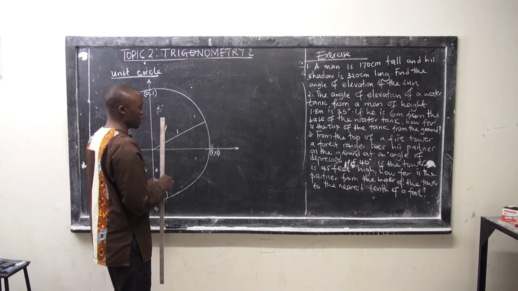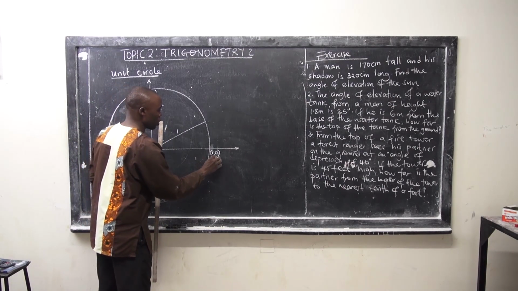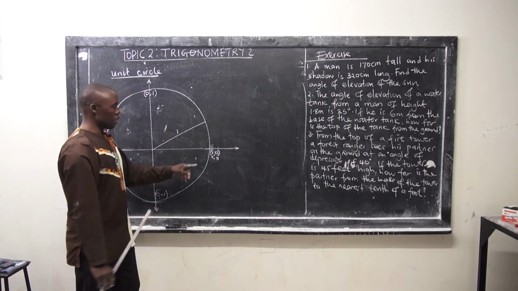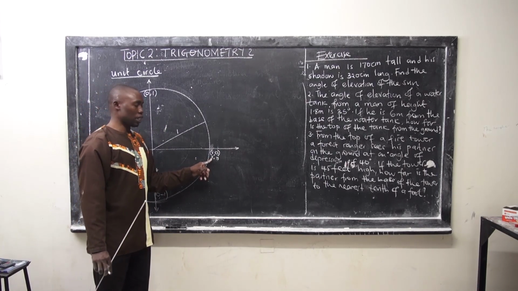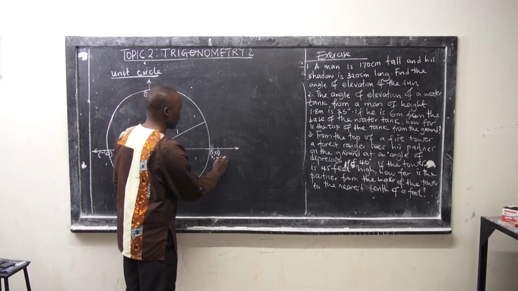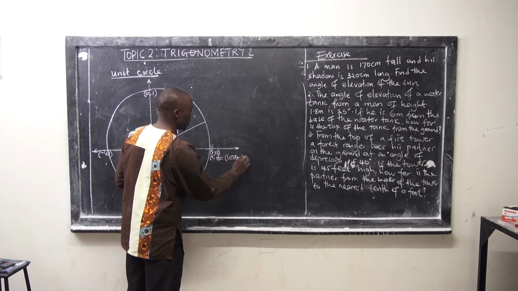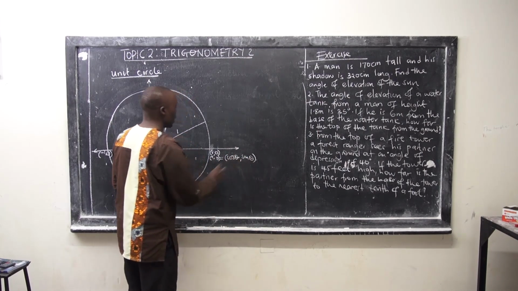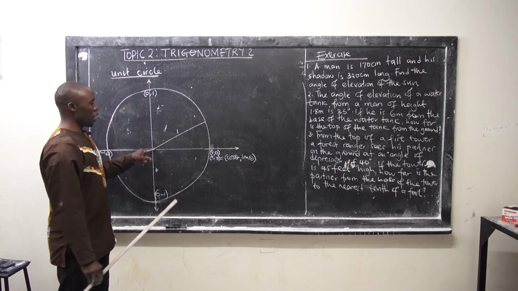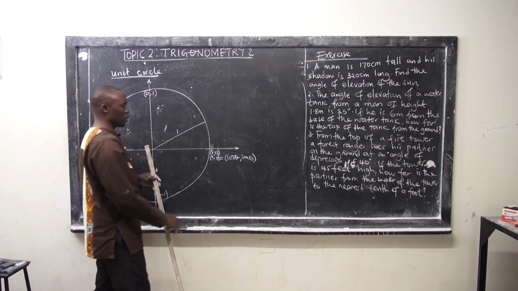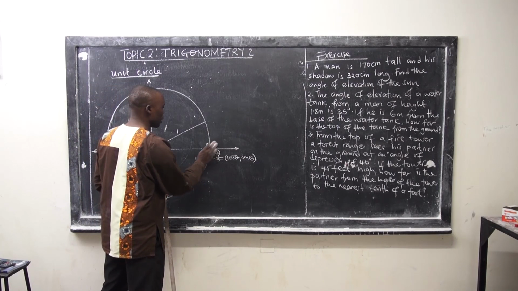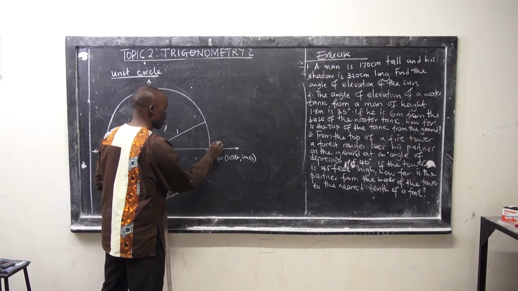Keep also in mind that this is the x coordinate and the y coordinate, and the xy coordinates are actually standing for cos theta and sin theta. Now we are going to measure all angles taking this x-axis as the reference line, the zero axis.